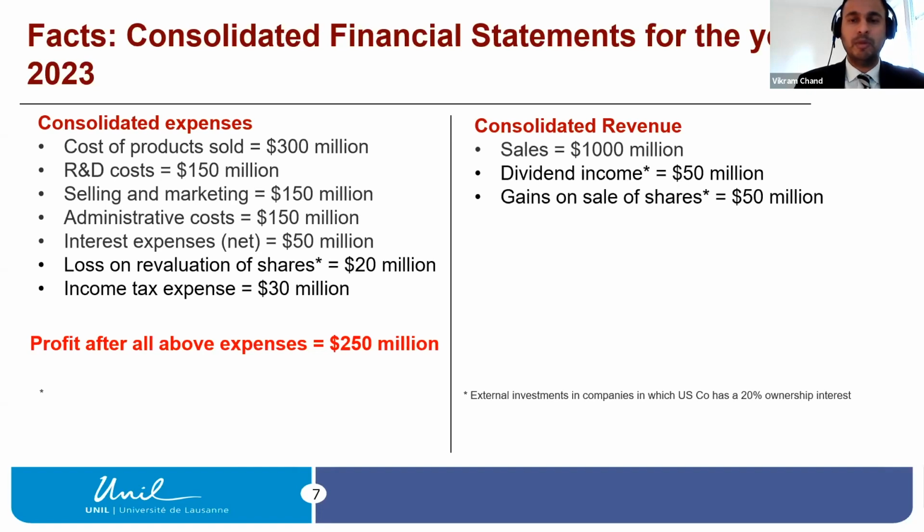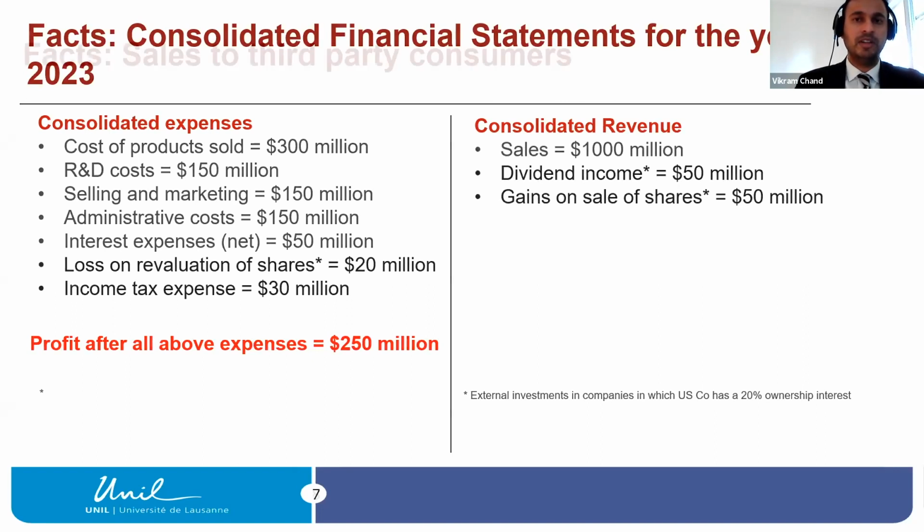So the profit after all these expenses have been taken into consideration is around 250 million. So you have your global revenue, which is being reported at 1.1 billion, and you have your expenses, which amount to around 850 million.